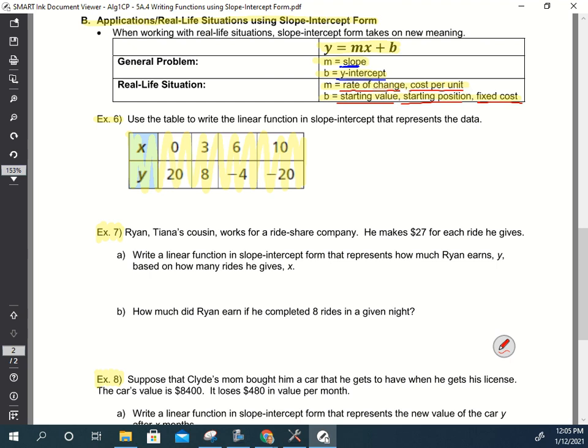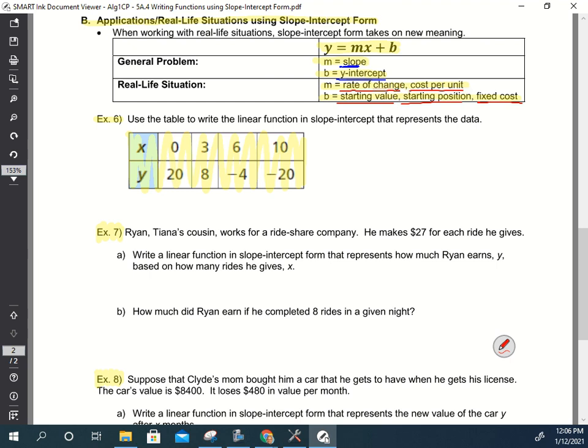So we're going to first start with a table. For the table, you have 0, 20, 3, 8, 6, -4, 10, negative 20. So we're writing the function.